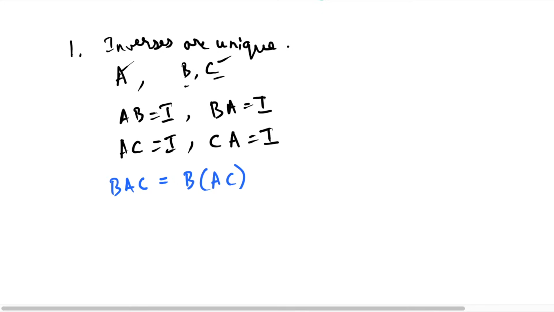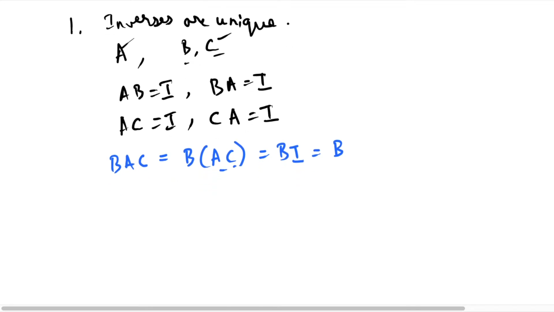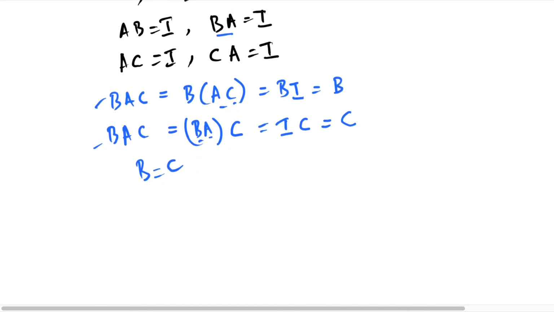A multiplied by C is I, so this simplifies to B into I, which simplifies further to B. Similarly, BAC can also be written as BA multiplied with C, again using associativity, and B into A is I, so this becomes I into C, which simplifies to C. Comparing these two equations, you will see that B is equal to C.